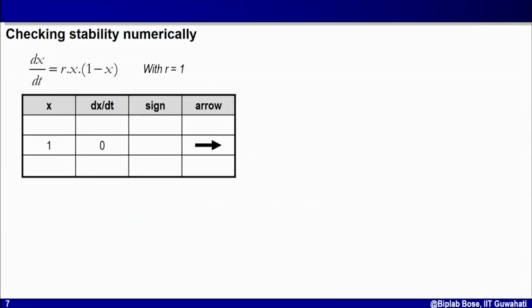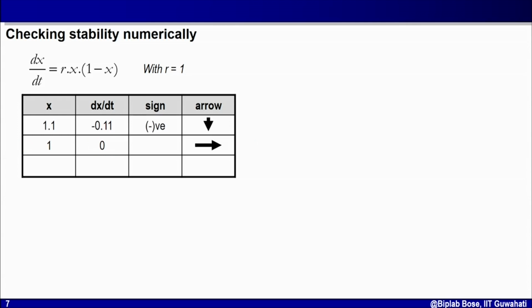If you remember, another steady state for this ODE is x equal to 1. So I put in the middle row x equal to 1. dx dt, the derivative of that will be obviously equal to 0. And I put an arrow which is horizontal here because dx dt is 0.